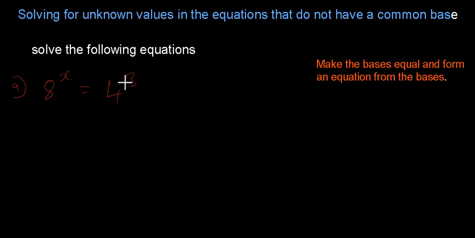So what can we do to solve this question? We need to make the bases equal. So what are we going to do in this particular scenario? Since we know that these are not common bases, we will find 2.